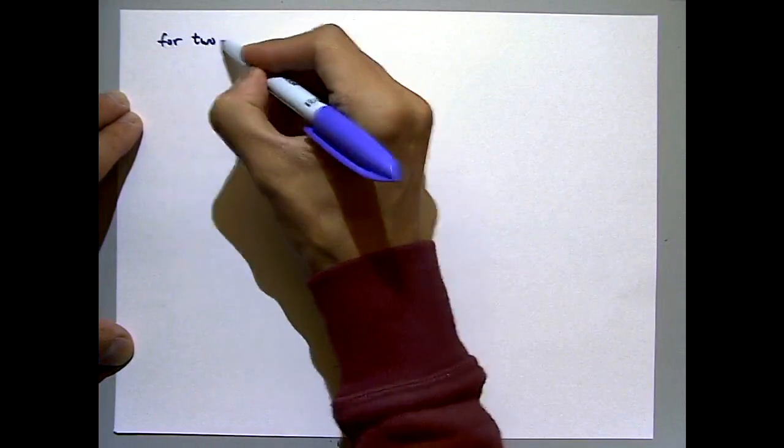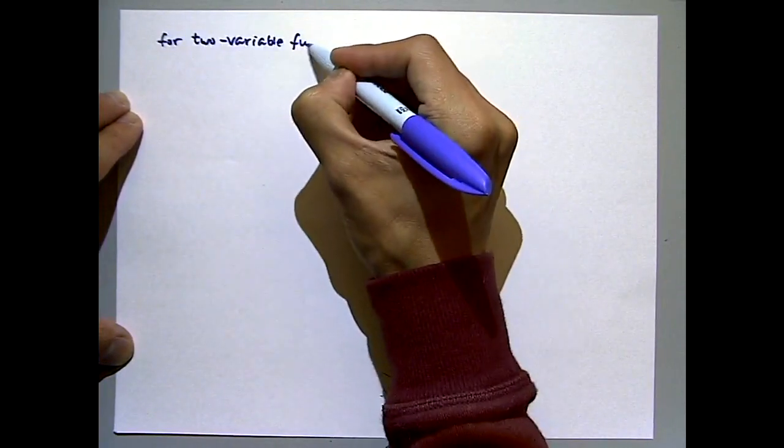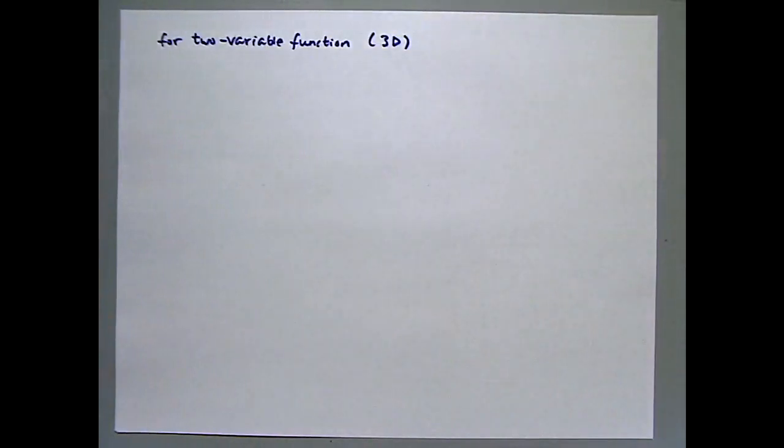For a two-variable function, now we're in a three-dimensional world. The function is no longer just a curve. The function is now a surface.